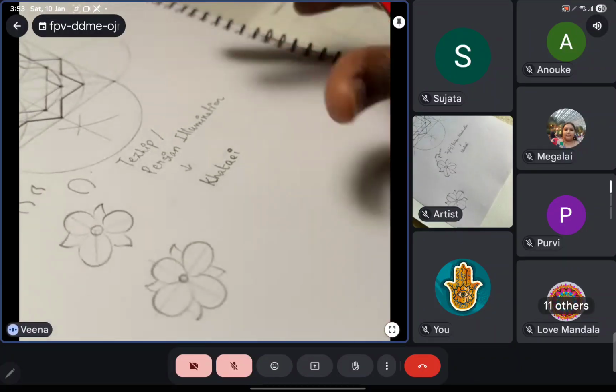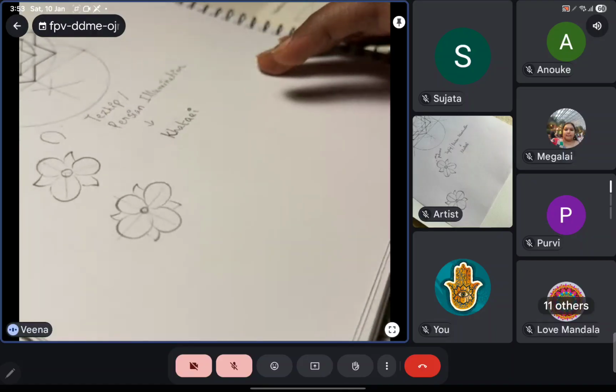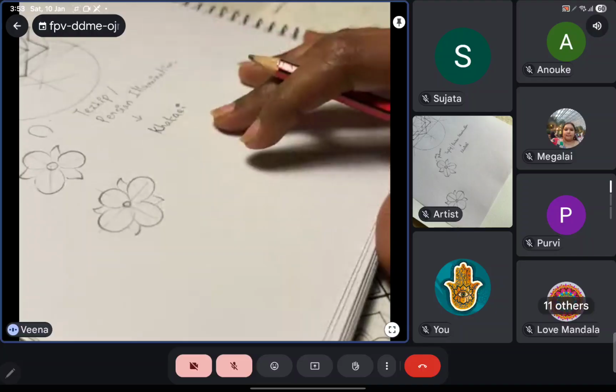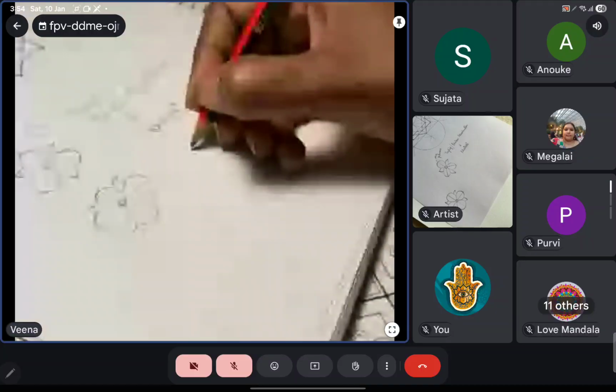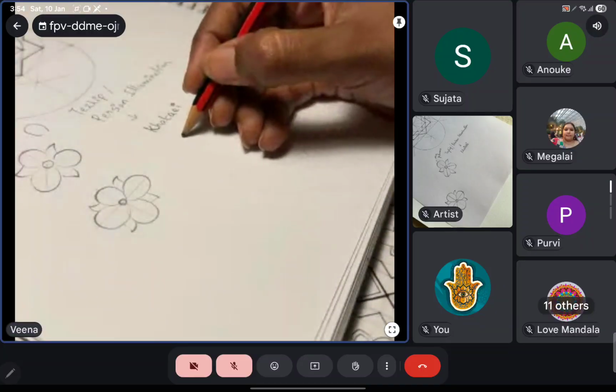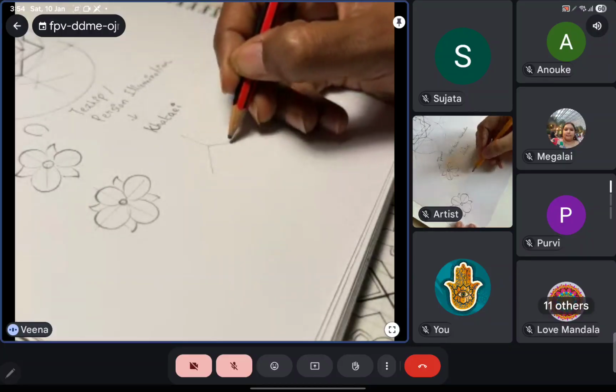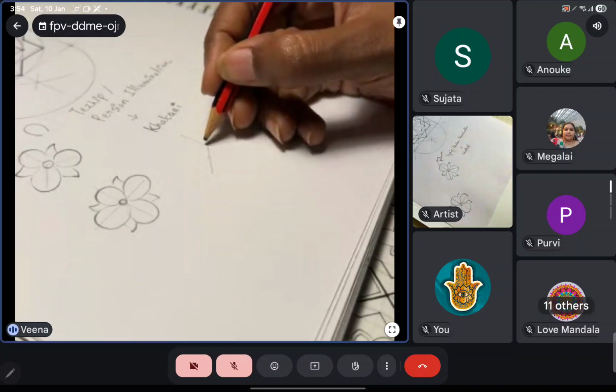And then the third one, we're going to again create a triangle like this.